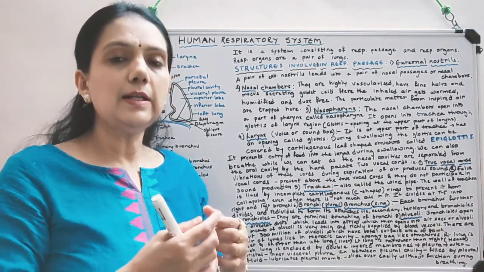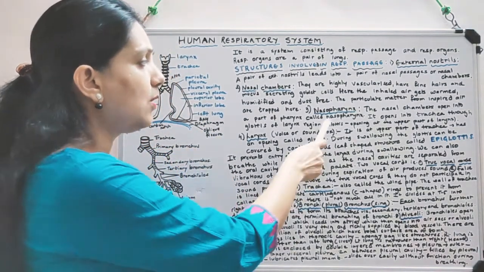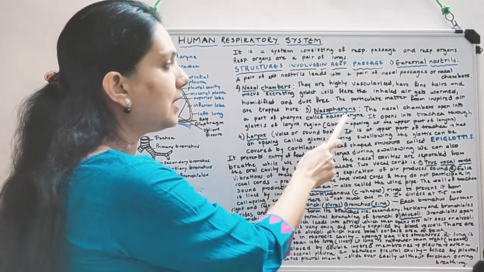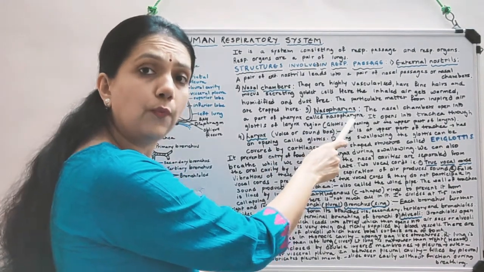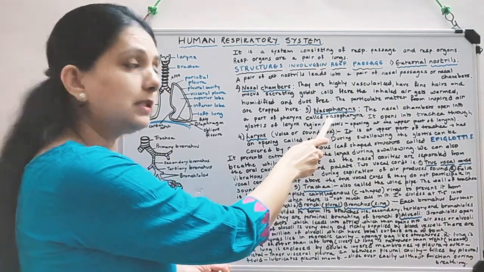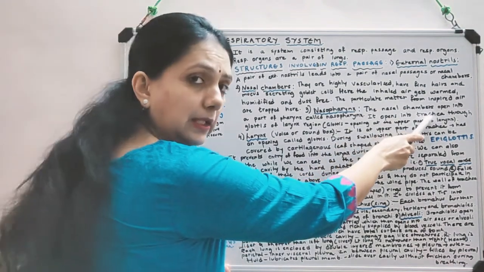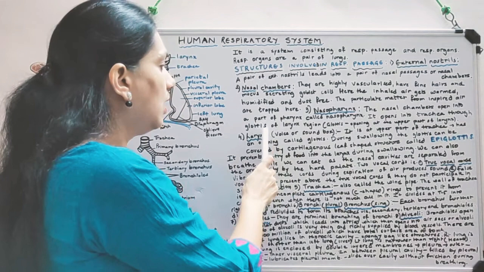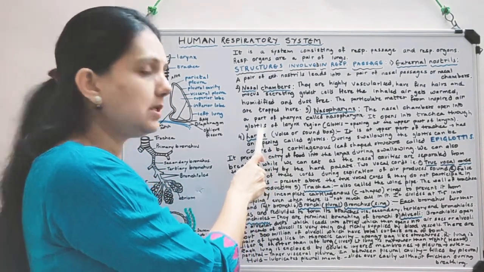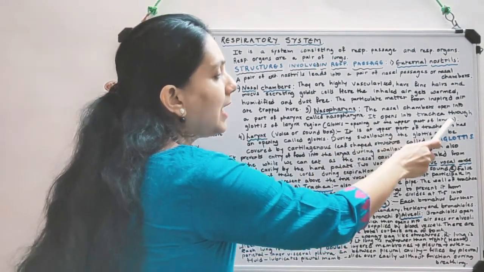So the air that has entered from your nose now enters into the nasopharynx, and this nasopharynx then opens into the trachea through a part called the glottis, and this glottis is opening at the upper part of the larynx.